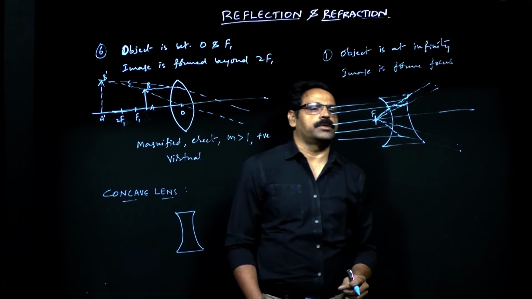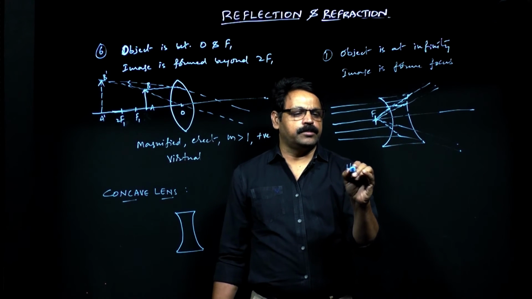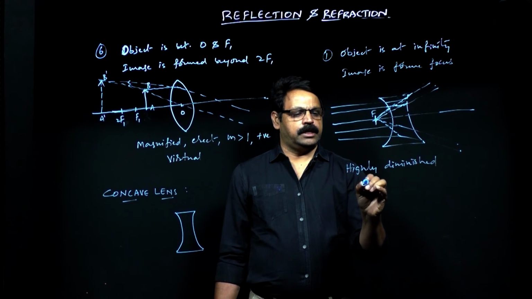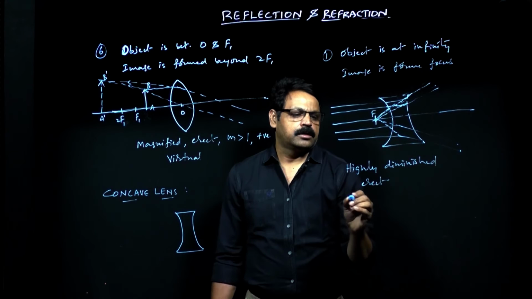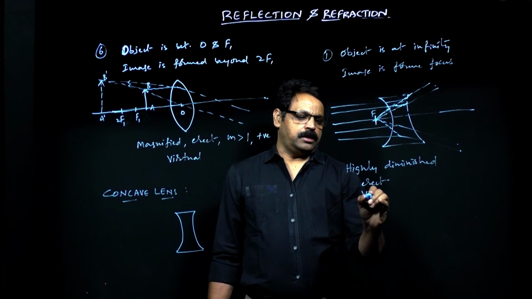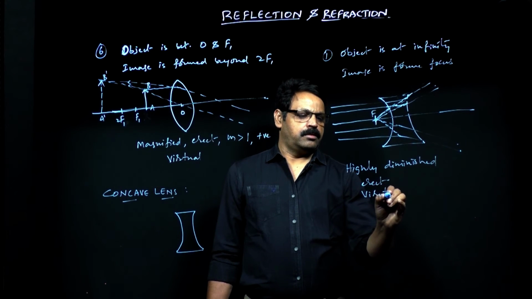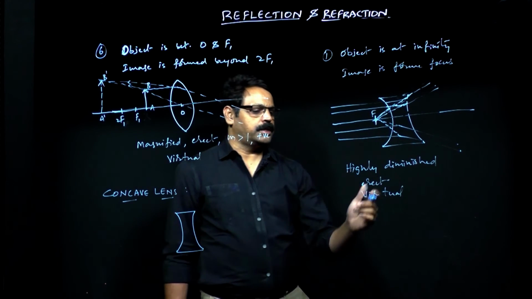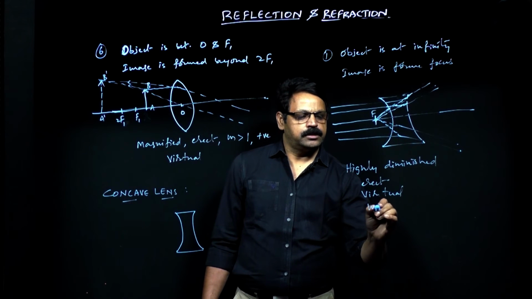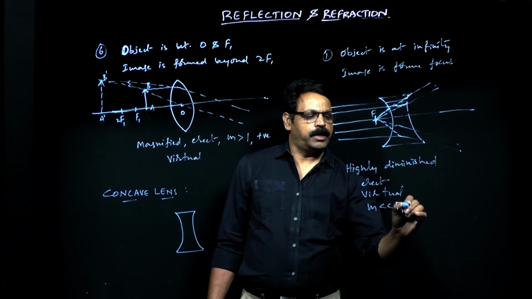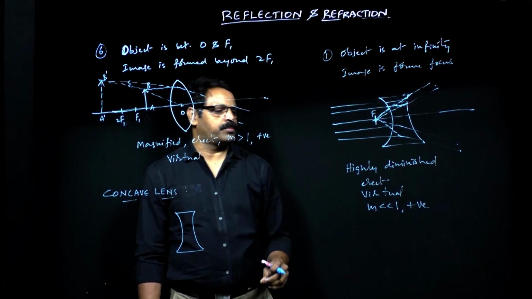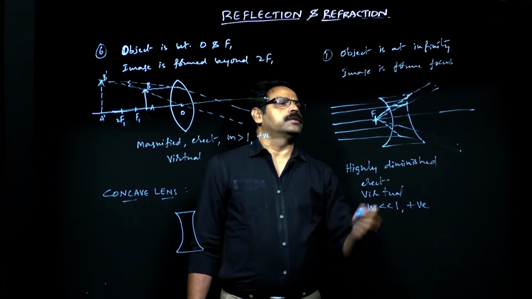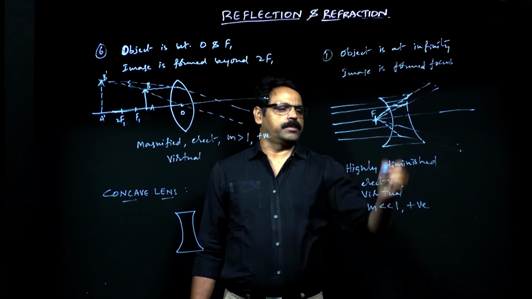So this is the image formation, and here it is highly diminished, erect, virtual, and one more point you need to remember is m is far less than 1 but positive. That is one more point. So the image is formed at focus. That's the point you need to remember in this case.